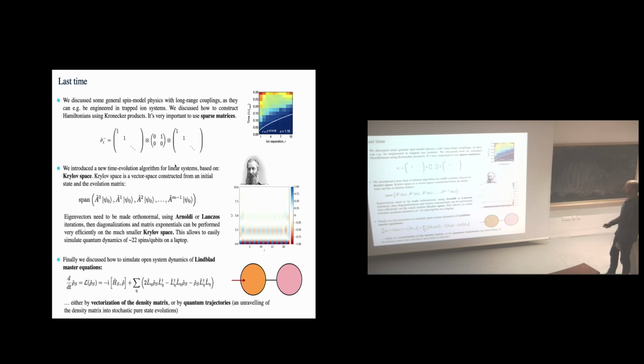A very good method was the Krylov space method to evolve a state vector from a time to a later time. You construct your own space, starting from an initial state, using the powers of the evolution matrix that you want to apply.